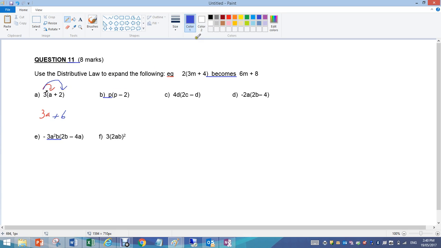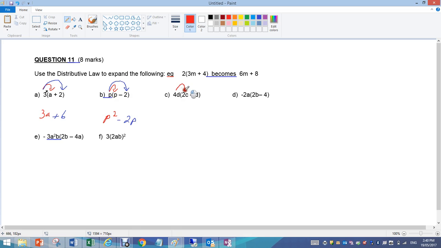Next, P times P, that's P squared. P times 2, that's 2P, and there's a minus sign, so P times minus 2 is minus 2P.